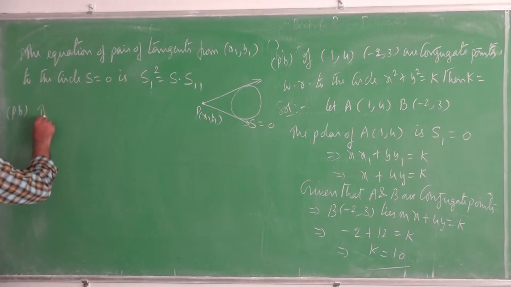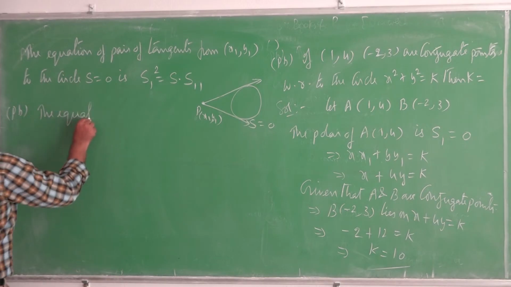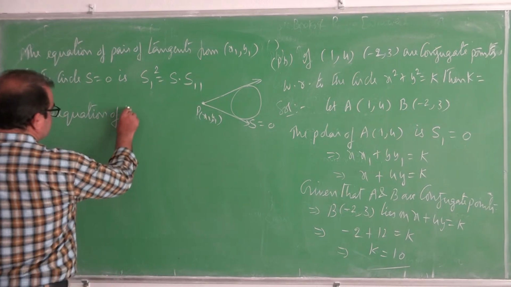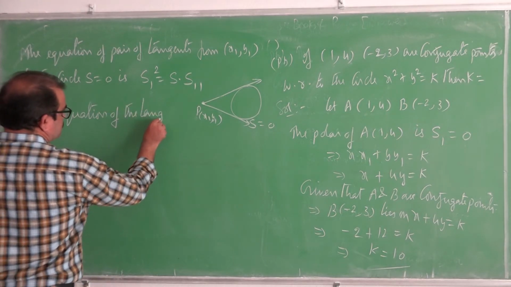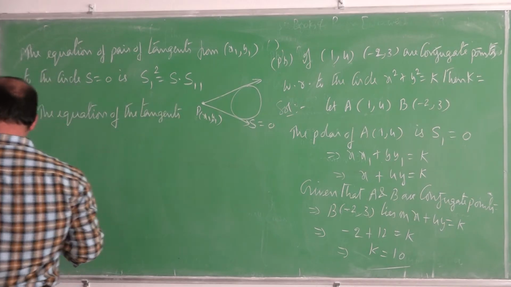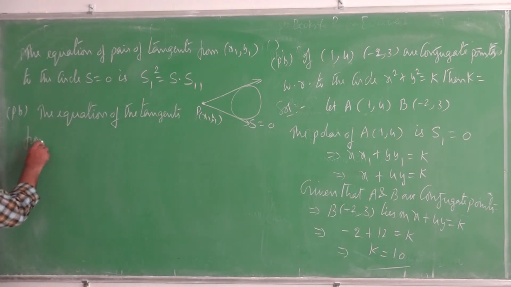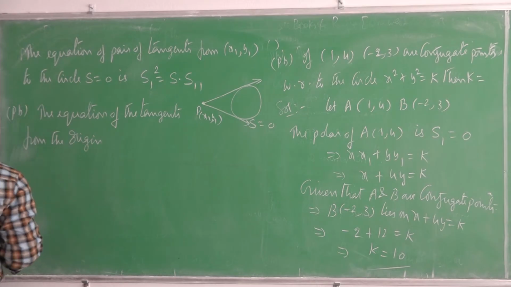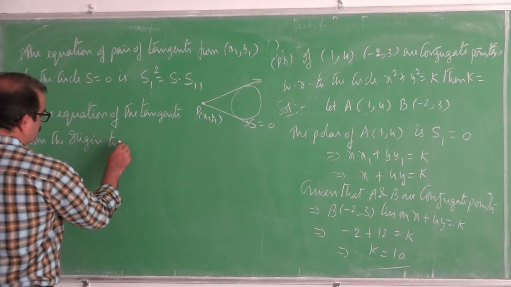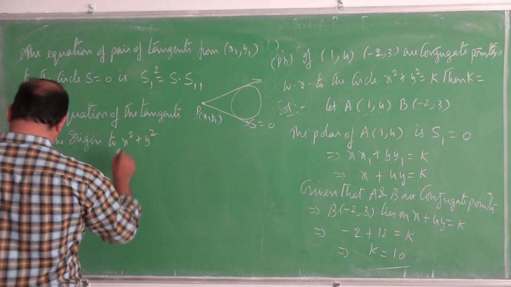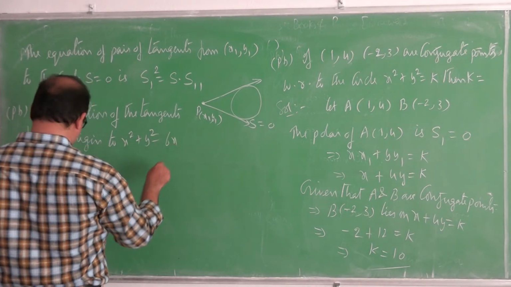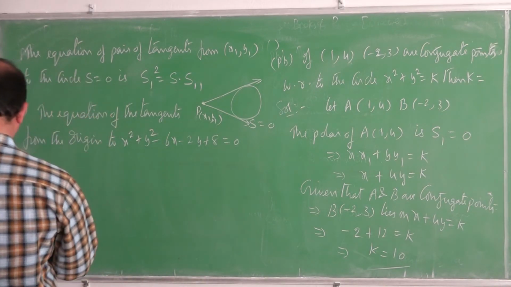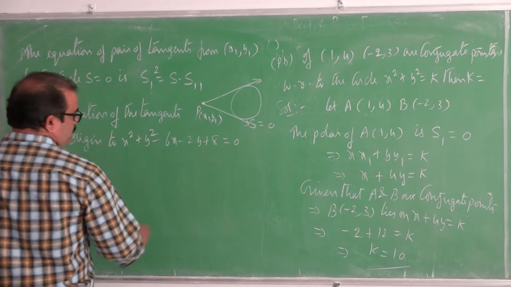The equation of the tangents from the origin to the circle x square plus y square minus 6x minus 2y plus 8 is equal to 0.